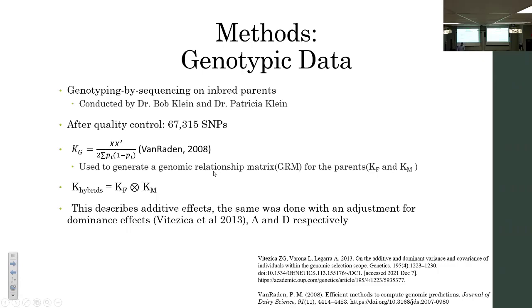You can then create the hybrid GRM in silico by taking the Kronecker product of those 2 matrices. This describes the process of creating an additive genomic relationship matrix. You can then make an adjustment for dominance effects following Vitezica, as you can see here. That leaves you with 2 genomic relationship matrices for your hybrids, based on additive effects and based on dominance effects.